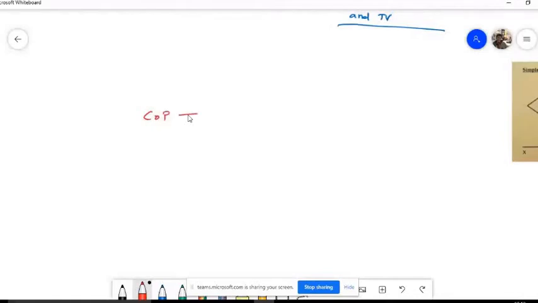One is to draw the simple position. The simple position is nothing but making the surface inclination 0.